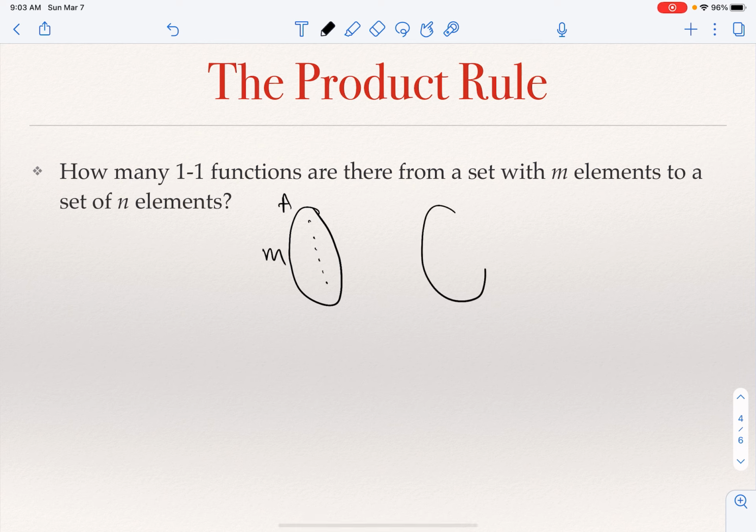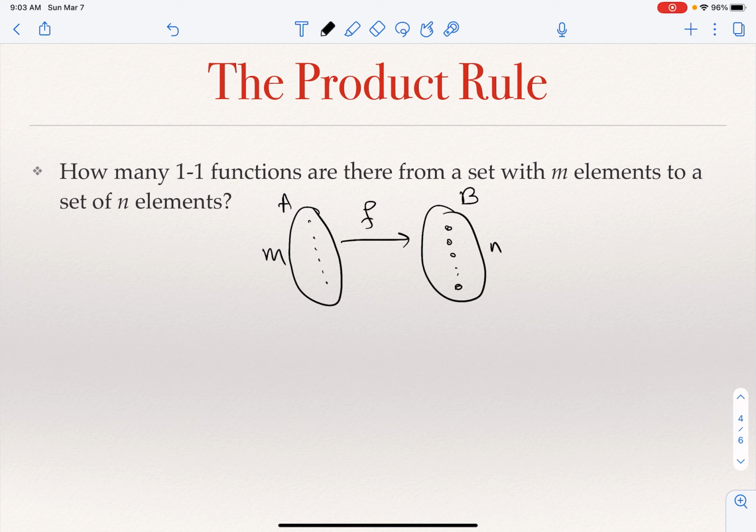Then we have set B here, and we have n elements. And we are looking at functions f that are one-to-one. Since they are one-to-one, it means that for every two different elements in A, we have to map them to two different elements in B.